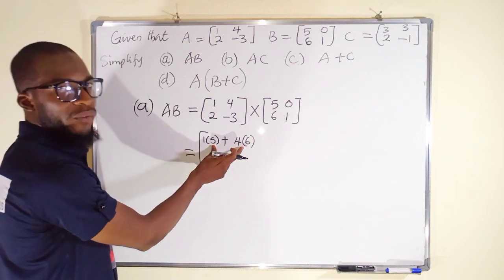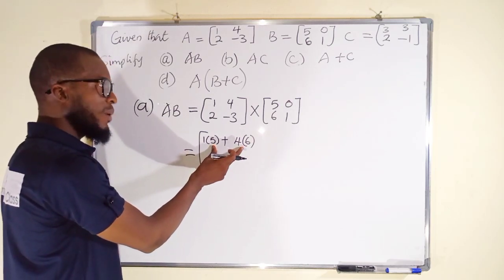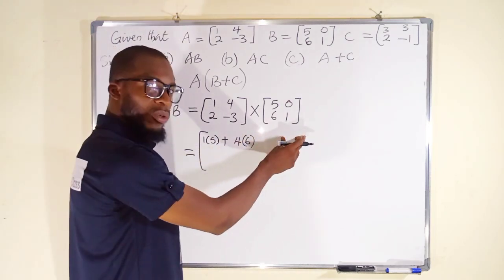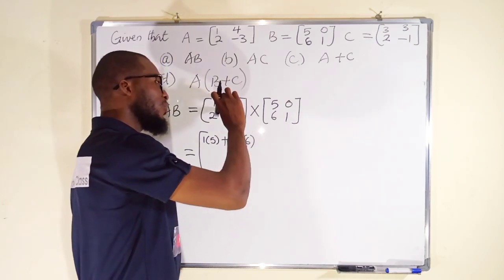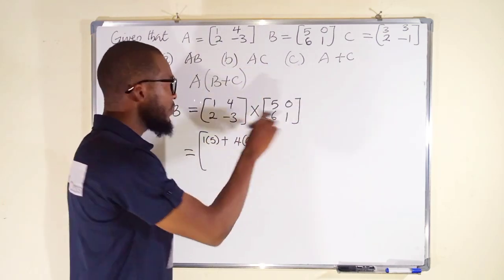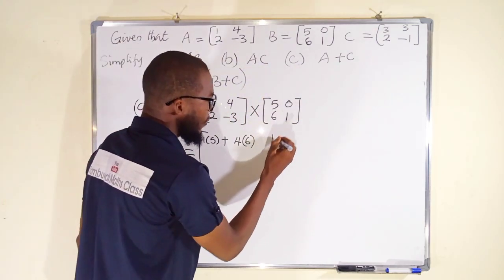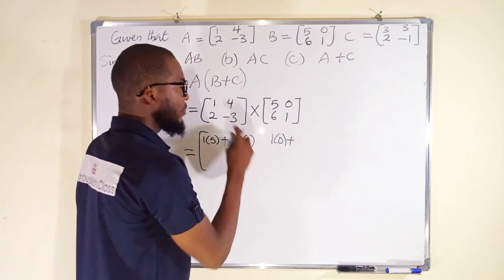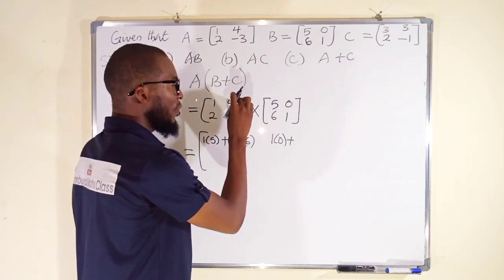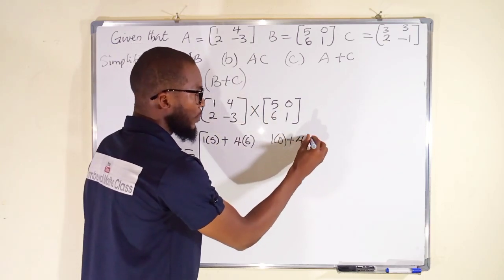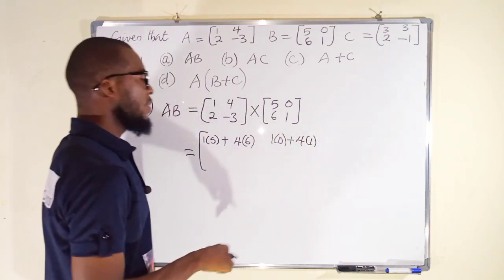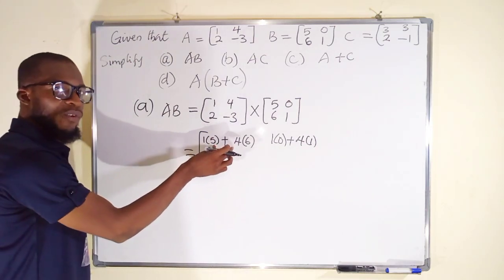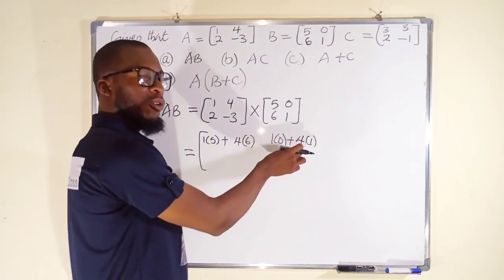This is going to be our first row, first column element. Then for the first row, second column element, you take the first row here, you multiply by the second column. 1 times 0, we have 1 times 0. You add 4 times 1.